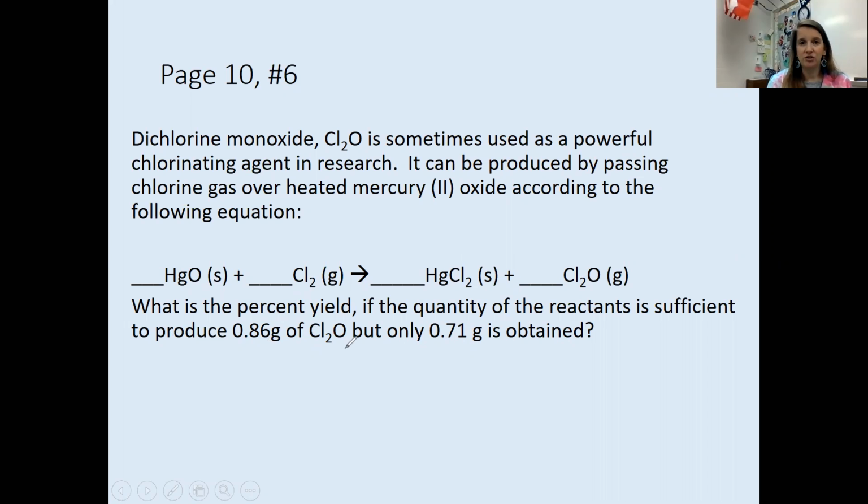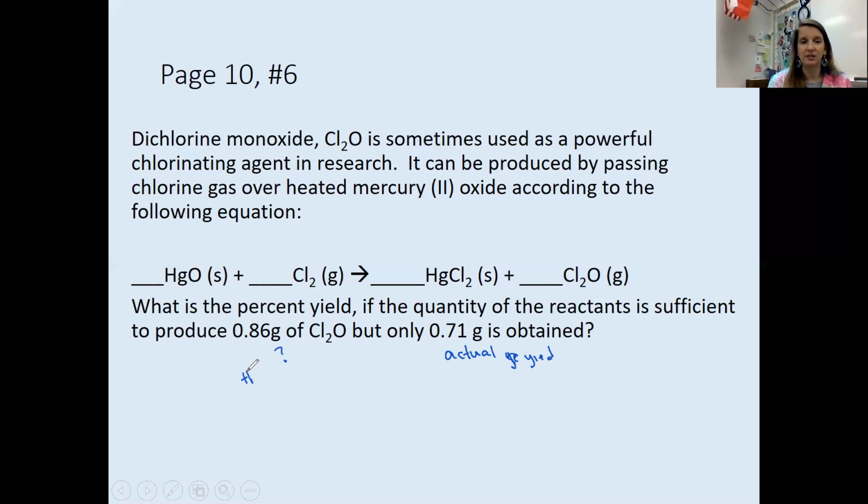Which of these 2 numbers would be our actual yield? Our actual yield would be this one here, because we only obtained 0.71 grams. Then the question remains, what do we do with this number? Do we do stoichiometry? No, because this is telling us that we could produce 0.86 grams.